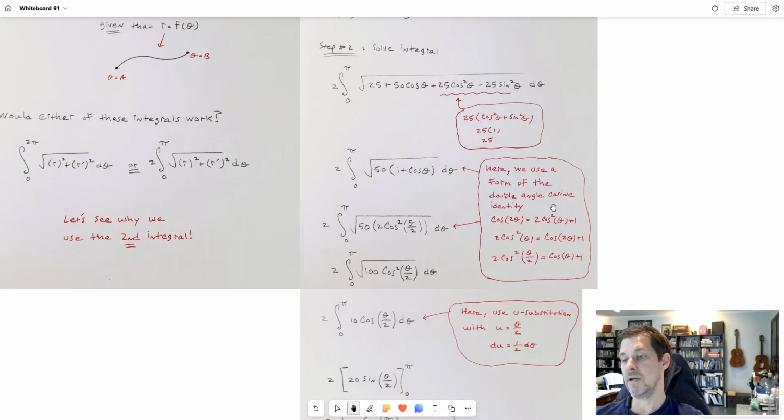If you look up the double angle cosine identity, one version that you find is cosine 2 theta is 2 cosine squared theta minus 1. And I can get this to do what I need it to do over here. I can rearrange this so that it will reduce what I have. If I add 1 to both sides, and I'll switch the sides too, I'll get 2 cosine squared theta is cosine 2 theta plus 1.